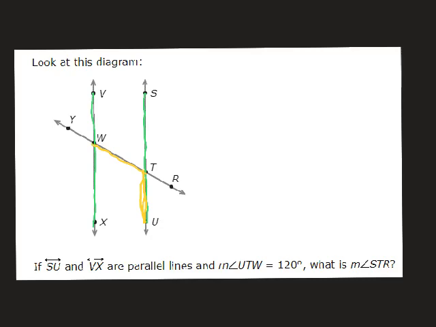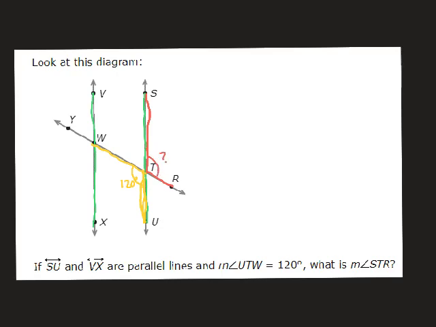So this is angle UTW. We're talking about this angle measurement here. If the measure of angle UTW is 120 degrees, then what is angle STR? This would be S, T, and R. So we're asking, what is this here?